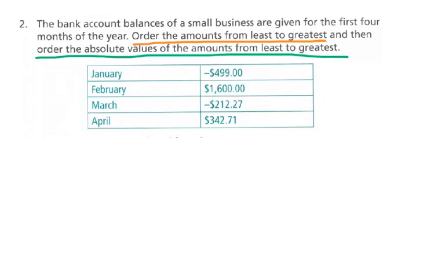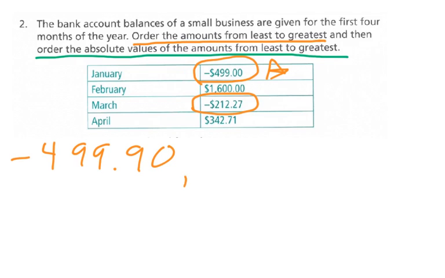So let's start with the first part, just putting them in order. Which of these numbers is the smallest? Now I know that it's going to be one of these two negative numbers, because negative numbers are smaller than positive numbers. But which one is it? It would be this one. So negative $4.99 and 90 cents is the smallest.